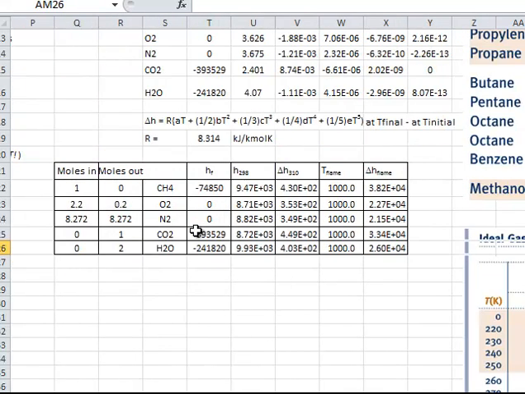So just looking at this, I took this plus this, this plus this, this, and added it to this and this, and this. Did that for each of my substances. Set it equal to the moles at the outlet times heat of formation and enthalpy at the flame temperature.